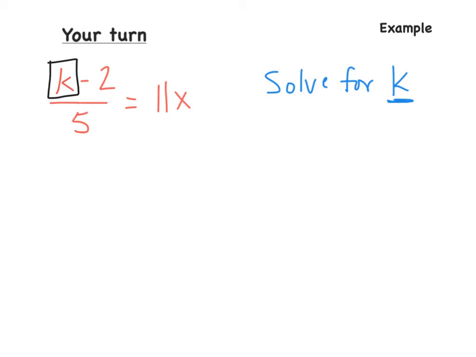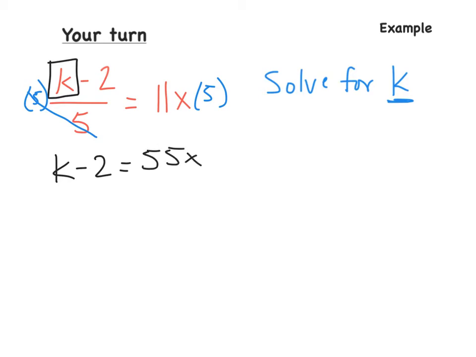So what we could do to cross this 5 out is to multiply by 5 on both sides. So the 5's cancel out, and all that we have left on the left side is k minus 2 is equal to, so what is 11x times 5? The 5 times 11 is 55, and you have to bring along the x, so it's 55x.